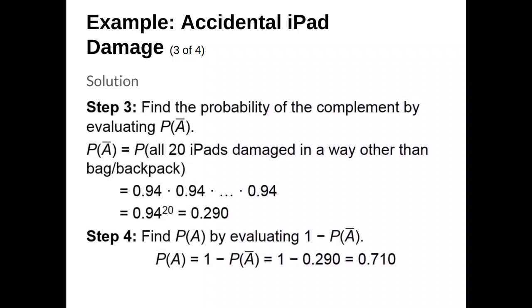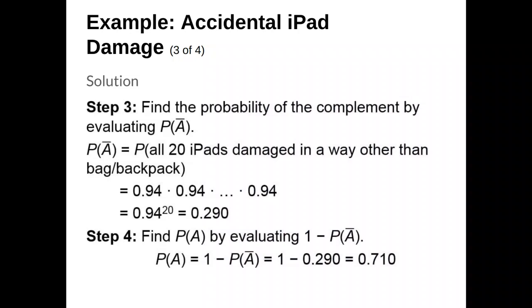So that means the probability that iPad 1 is not damaged by a backpack is 0.94. Then we multiply that by the probability that item 2 is not damaged by a backpack, item 3, all the way up to item 20. And so what we end up with is 0.94 raised to the 20th power, which gives us 0.290.